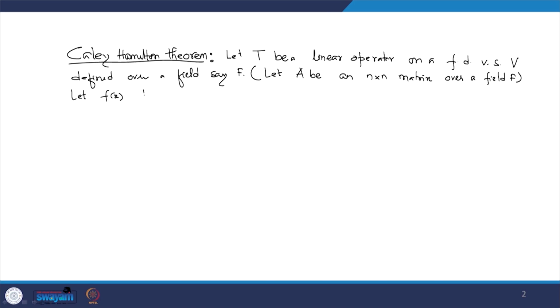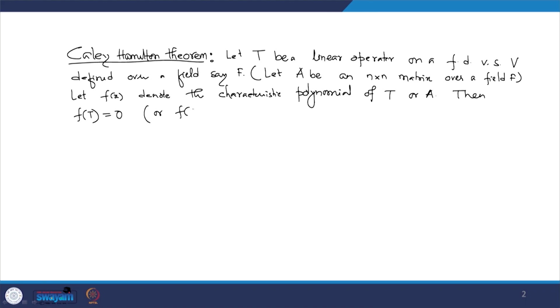f(x) denote the characteristic polynomial of T, or I can say A. I will also explain why I am saying T or A. Then f of T equal to 0, or f of A equal to 0.